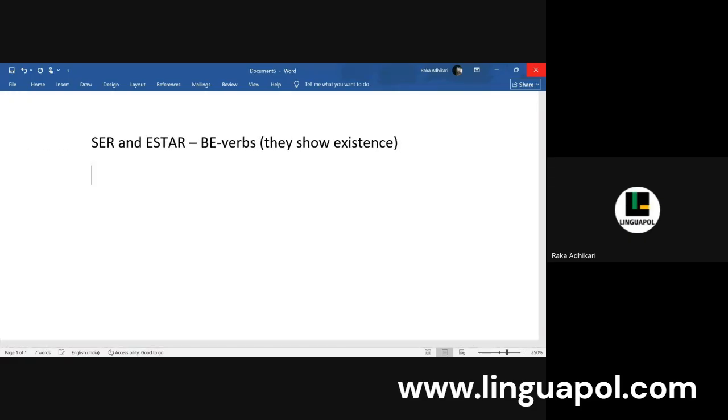Now, the verb ser means to be, and the verb estar also means to be. So what is the difference? For example, if I say my name is Raka, I can say I am Raka. So I will say eu sou Raka.